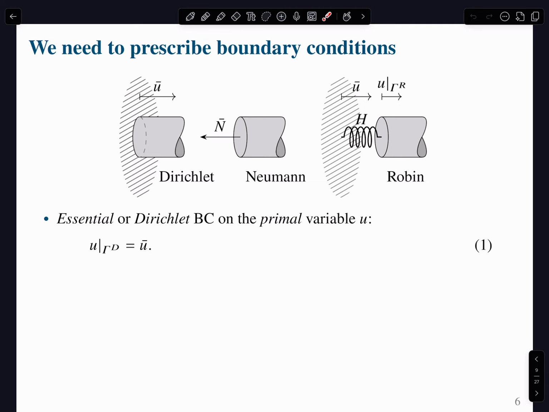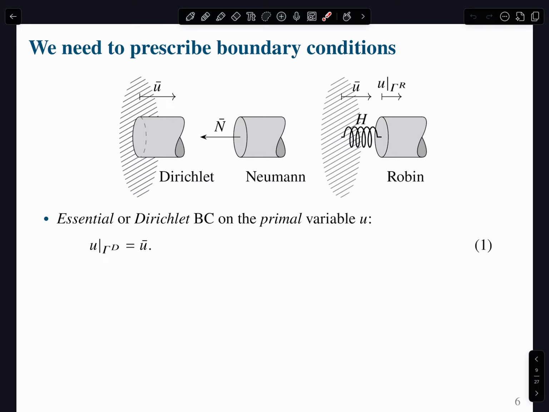We have three types of boundary conditions. We have the so-called Dirichlet, or essential boundary condition, on the primal variable u. And normally we denote Dirichlet boundary condition by just having a hash pattern at the boundary. This is basically a prescribed value of u. So what we're saying there is I want to prescribe a value of 1 centimeter displacement at that location.